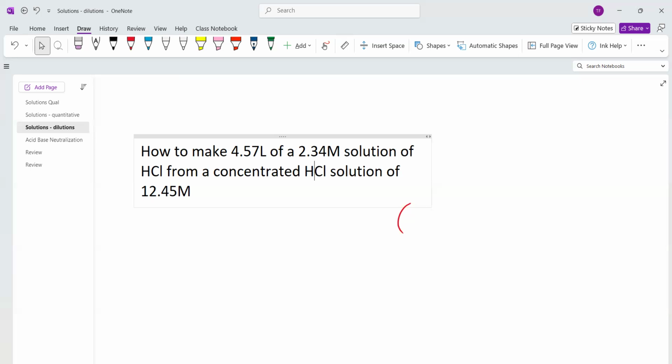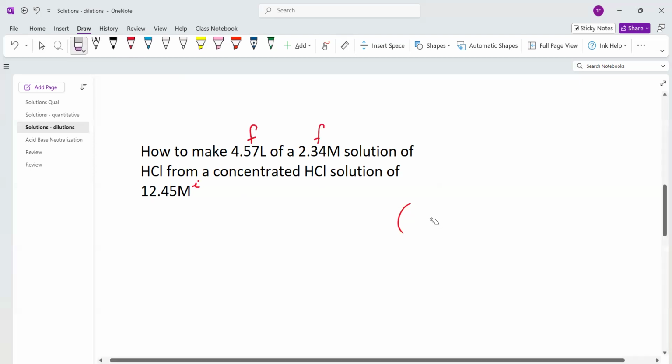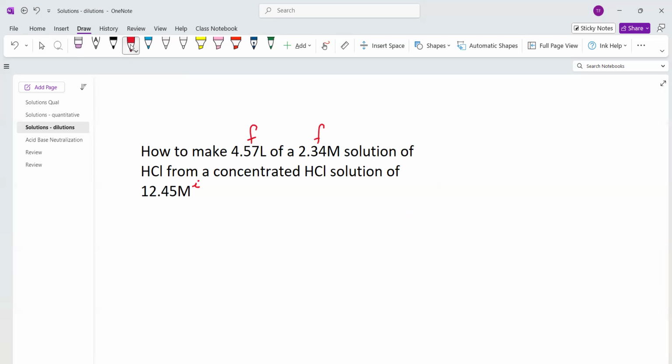So we have this is the initial, and this is final.